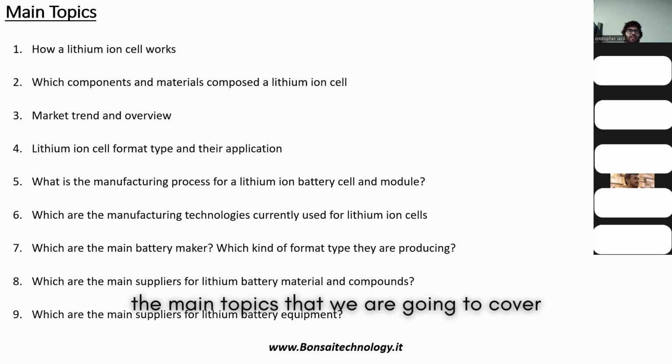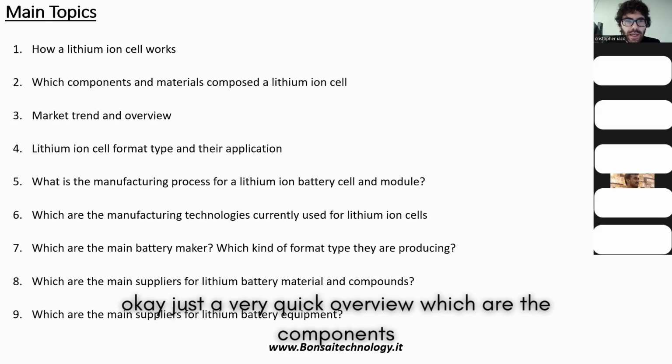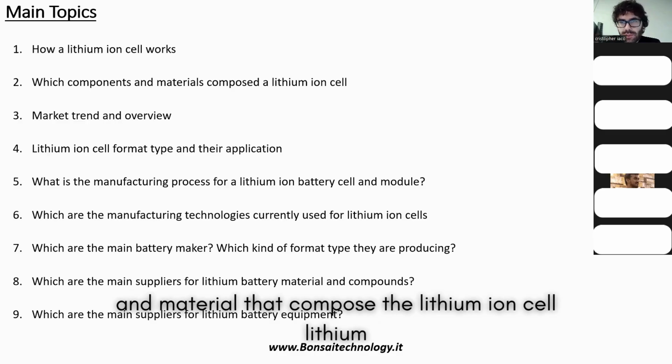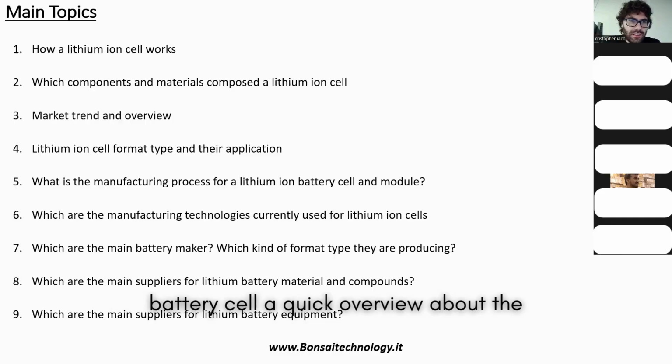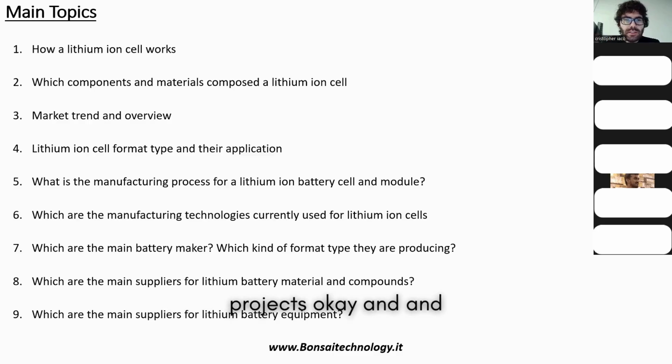So the main topics that we are going to cover today are how a lithium battery works, just a very quick overview, which are the components and materials that compose the lithium-ion battery cell, a quick overview about the market trend and an overview about the next coming projects.